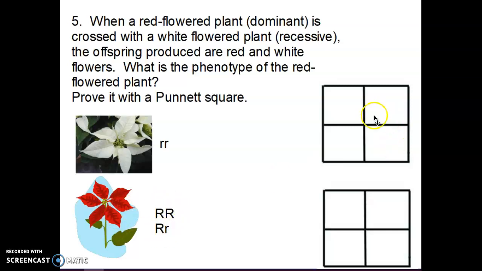So if you notice, I already have two Punnett squares waiting over here, because what we have to do is cross little r times big R big R, and big R little r. Okay, so I'm going to go ahead and put a little r here, a little r here, and a little r here, and a little r here.